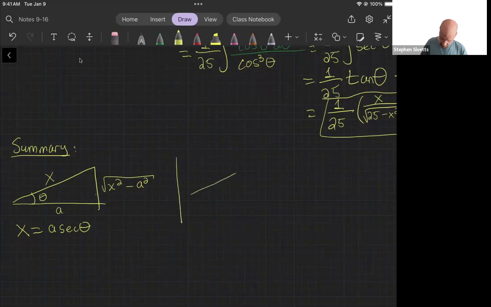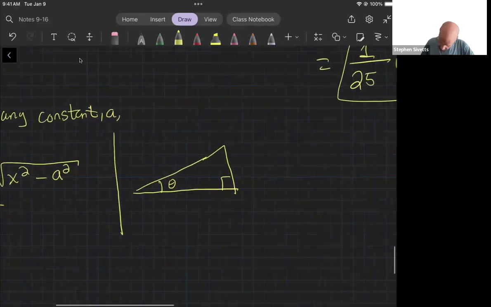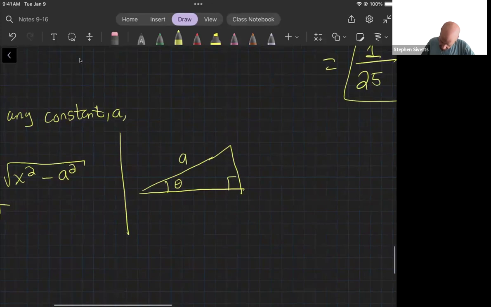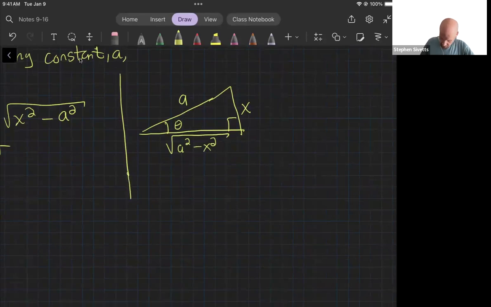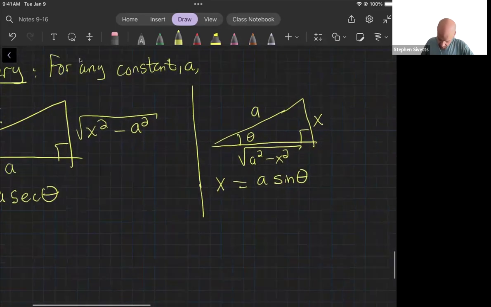Next, this is the right triangle, by the way. If you have a relationship like this, for any constant a, the other one is if you had the hypotenuse here, you want to use x is equal to a times sine theta. That's the other one.